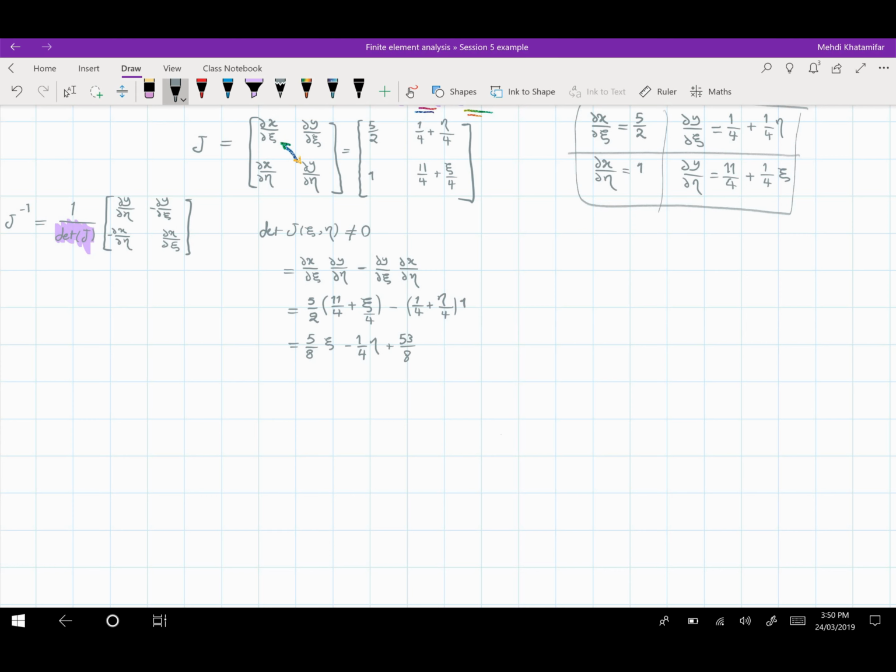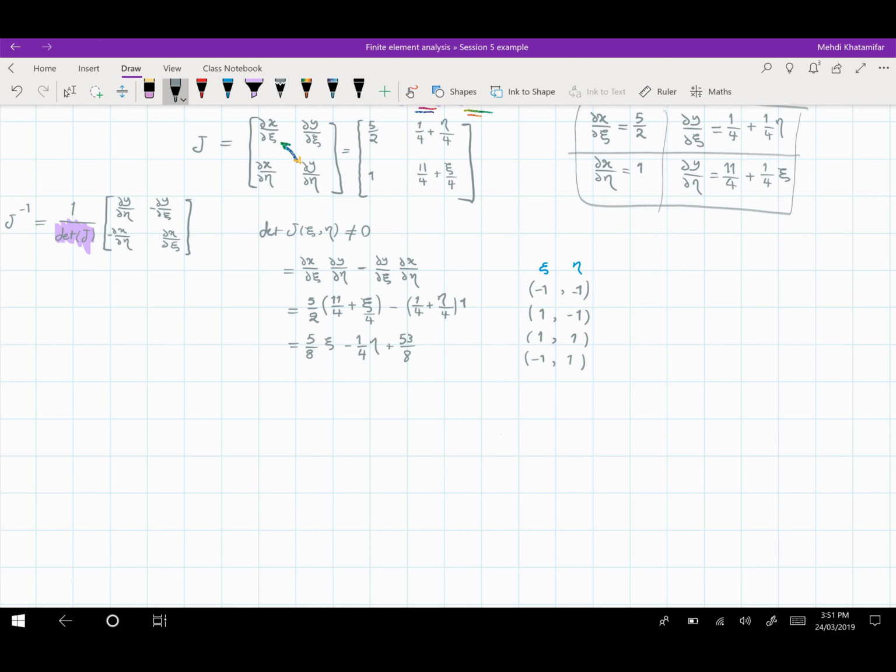Let's check for the node points. We have 4 node points. Node 1, let's write like this, eta psi. So -1 and -1, 1 and -1, 1 and 1, -1 and 1.